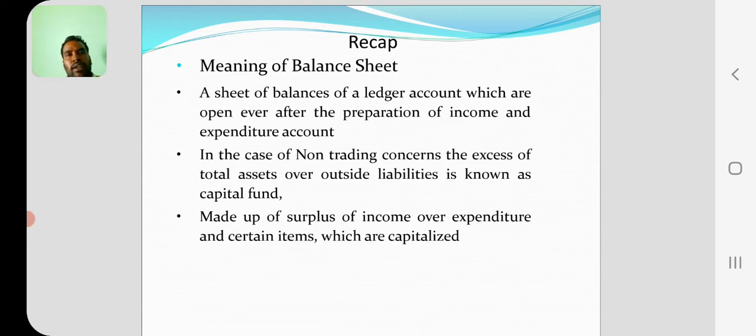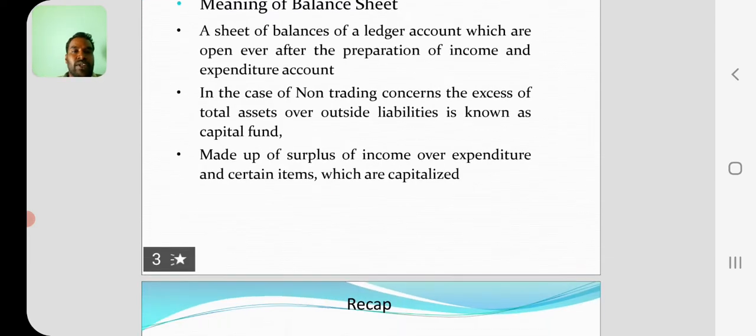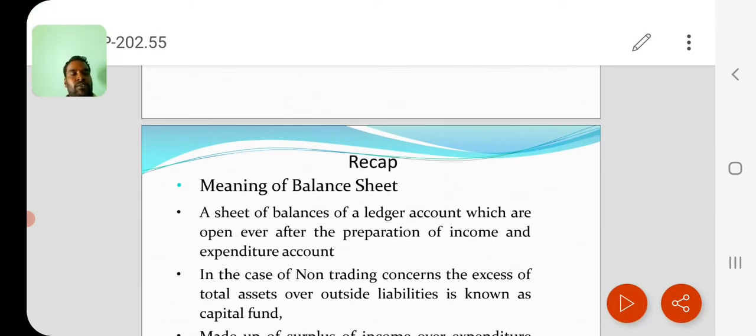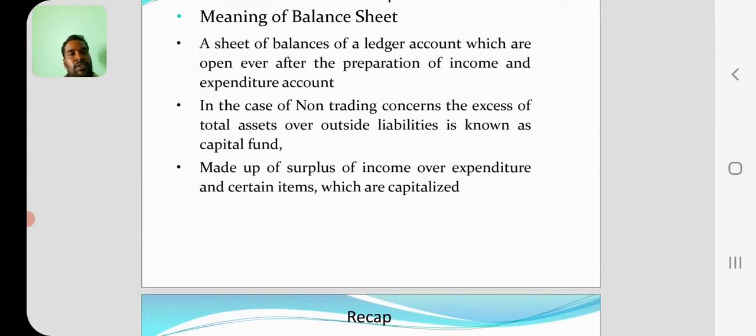So already we know that in a non-trading organization we prepare various accounts. First one is the receipts and payments account. Second one is the income and expenditure account. Third one is the balance sheet.